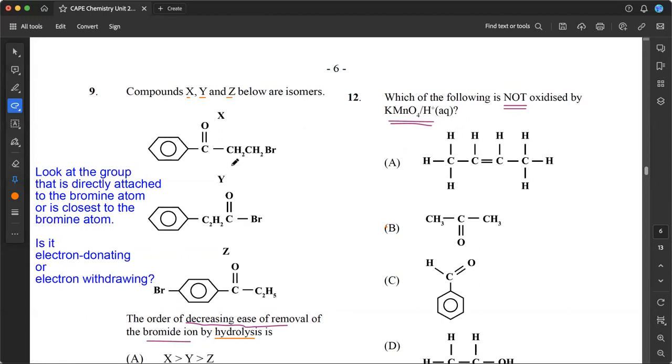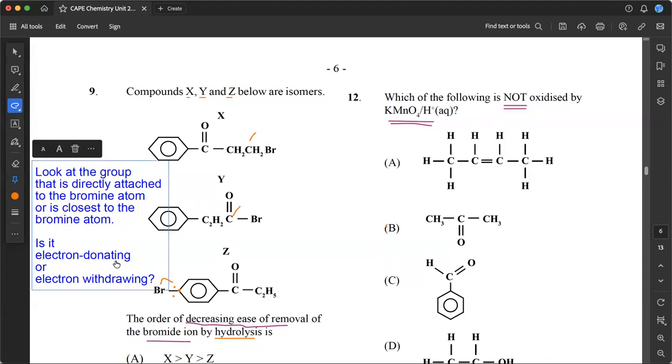So in this particular case, let's start up here. We're looking at this carbon, right, in this case. And then in this case, we're looking at this carbon. And then down here, we'll be looking at this carbon, which is a part of the phenyl ring, okay? So what we're looking for effectively is, if the bromine is going to leave as a bromide ion, right, then it's going to take all the electrons with it, right?